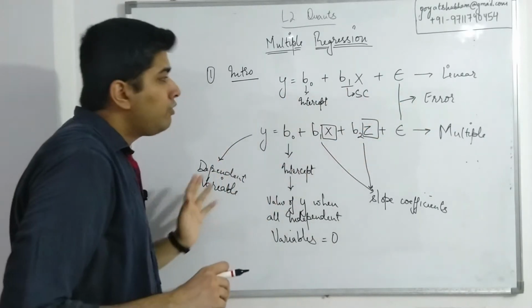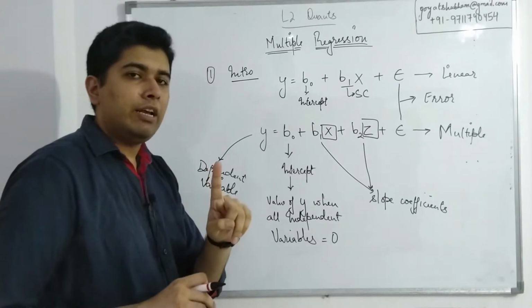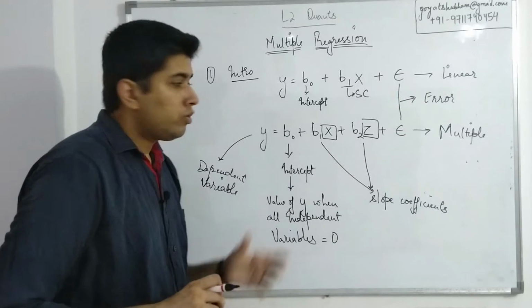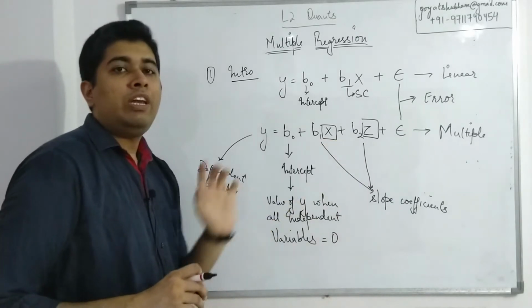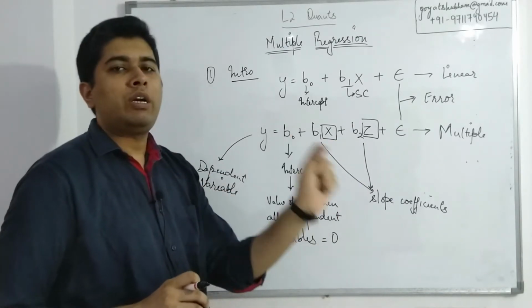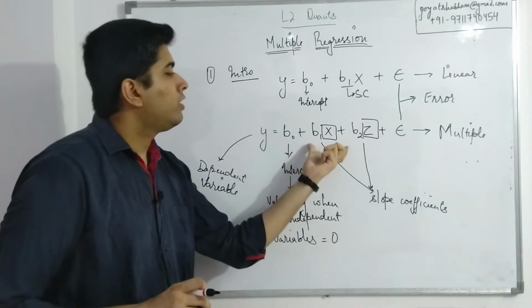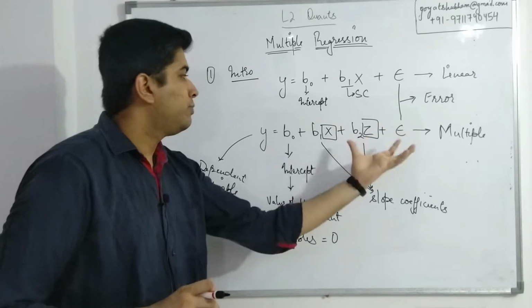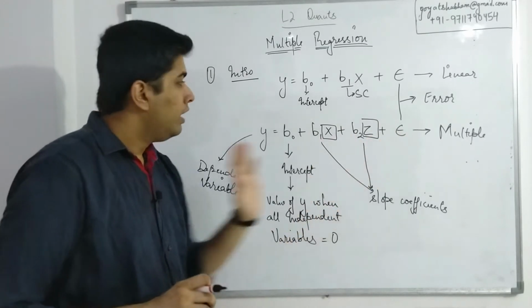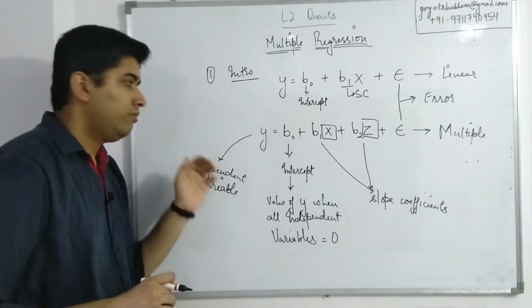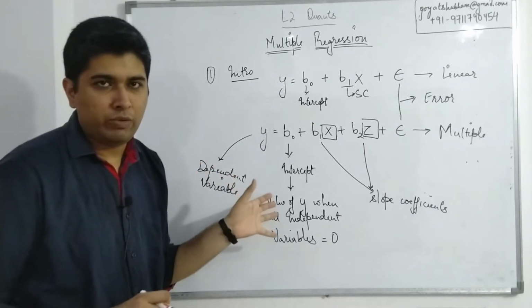So if you have more than one independent variable, that makes my regression a multiple regression. Each slope coefficient will now be specific to a particular independent variable. So B1 is a slope coefficient specific to X, B2 is a slope coefficient specific to Z. This creates my equation, which is known as the multiple regression equation.